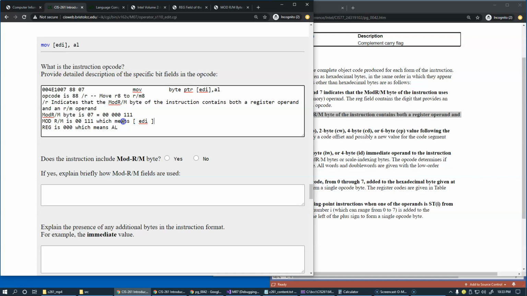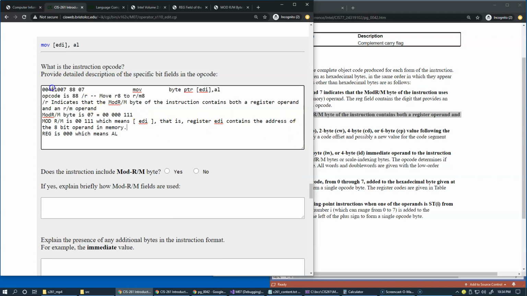Which means EDI, that is, register EDI contains the address of the 8-bit operand in memory. Okay, so that's the whole story, that's the whole explanation of what these 2 bytes represent.